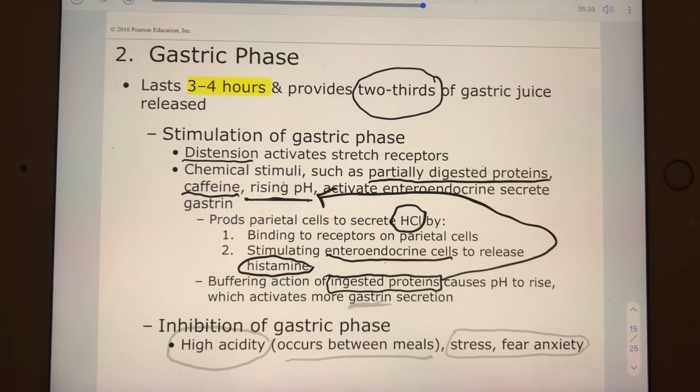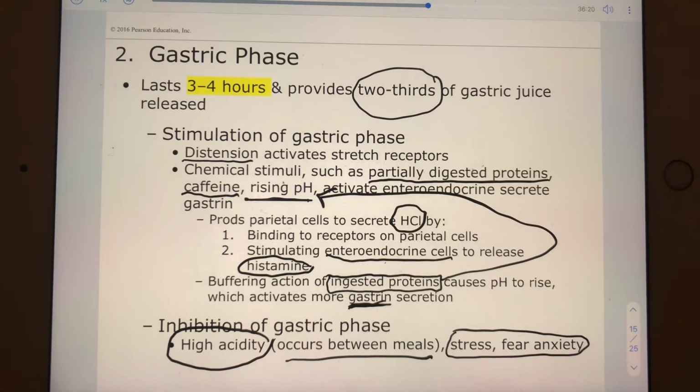And obviously that helps to promote gastrin secretion, and gastrin helps to stimulate the gastric phase. It's kind of nice that the gastric phase is stimulated by gastrin. They're just such similar terms. Whereas the gastric phase is inhibited often between meals when the conditions of the stomach lumen become especially acidic. We also inhibit the gastric phase whenever we sort of turn on our sympathetic nervous system.